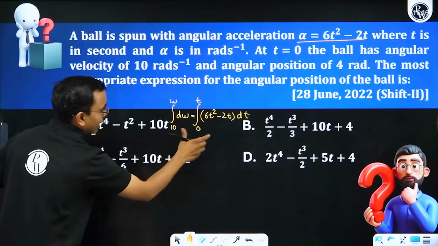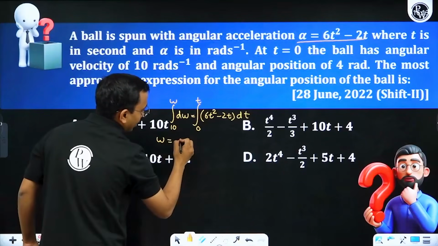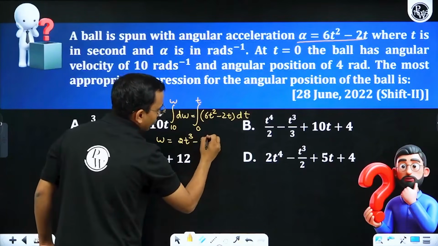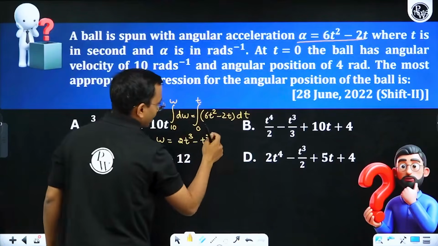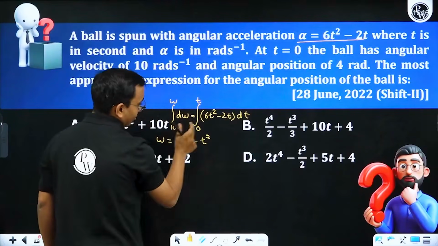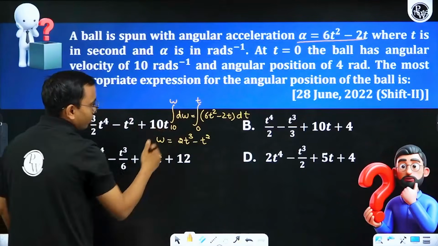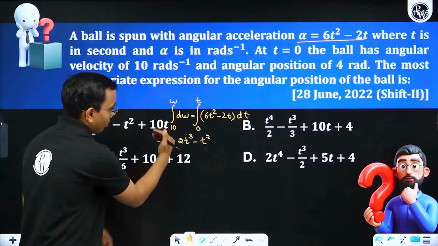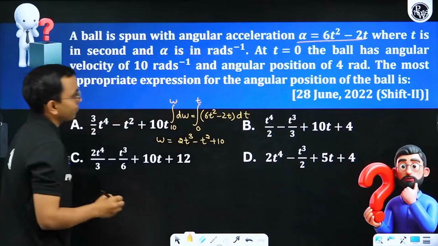If I integrate, omega will become 2t cube minus t square, because 2t square by 2, the 2 is cancelling, and then plus 10. Because on the left side, the integration of d omega from 10 to omega gives omega minus 10, so the 10 will come to the other side, so plus 10.